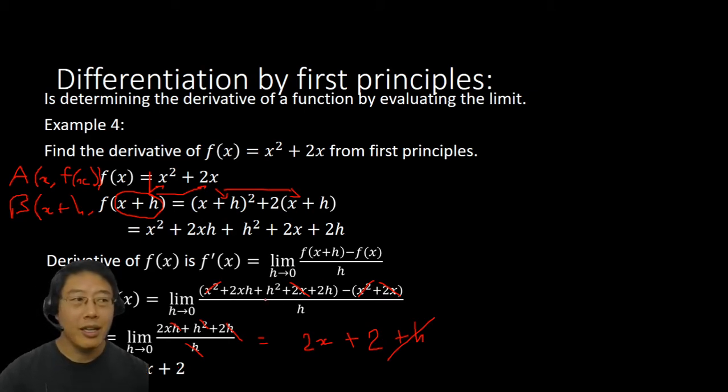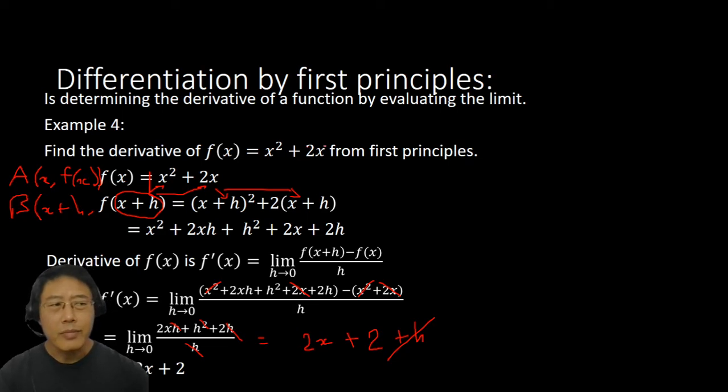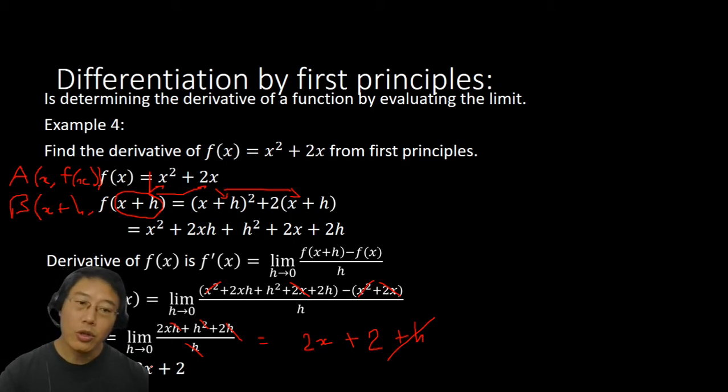So now what we did here, by using the first principle, if you have your function which is a quadratic, x squared plus 2x, the first derivative is 2x plus 2. Okay, and h has to converge towards 0, because we want that point B to get as close as possible to A. And how do we get x plus h to get close to x?